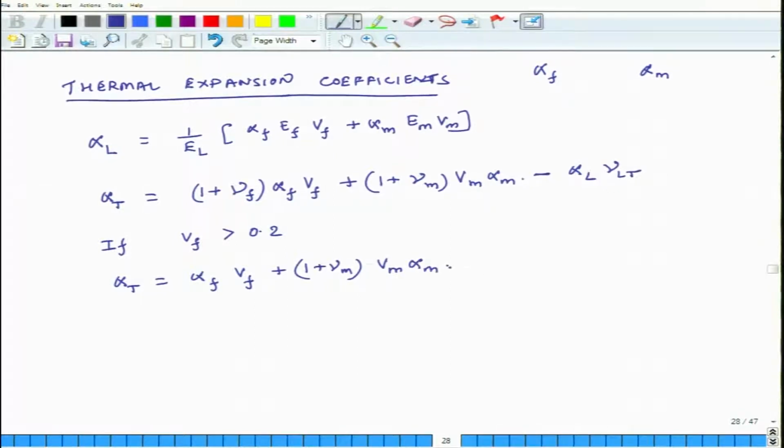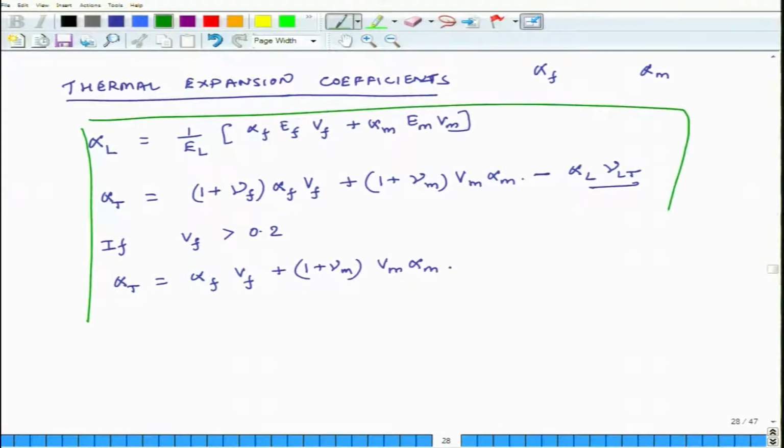The impact of Poisson's ratio nu L T becomes negligible. So, these are the relations for thermal expansion coefficients.